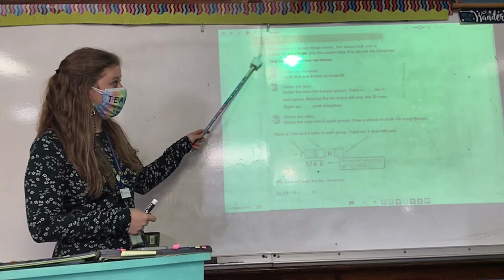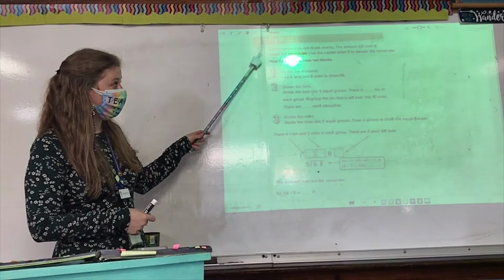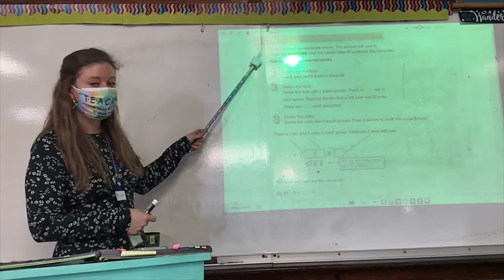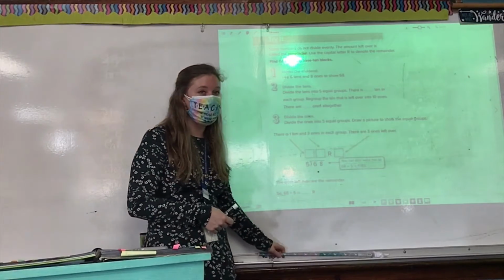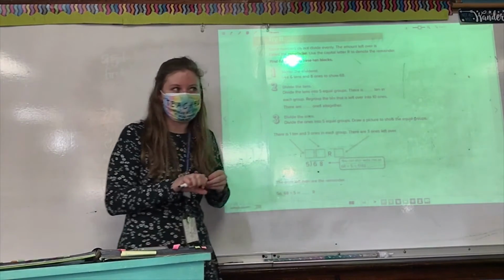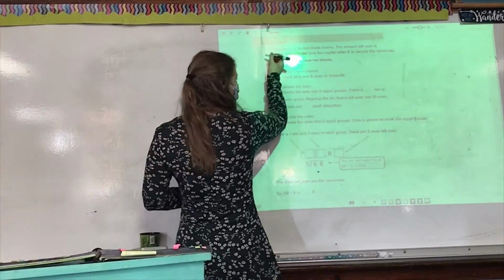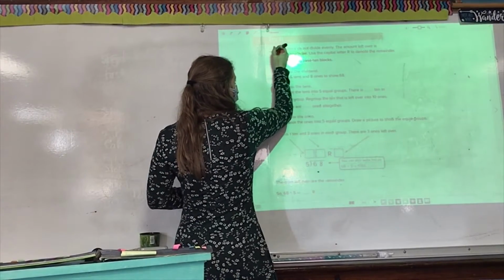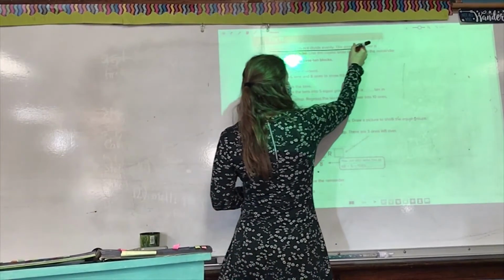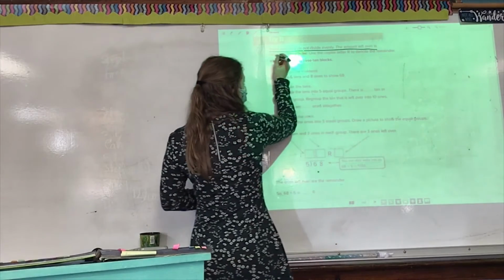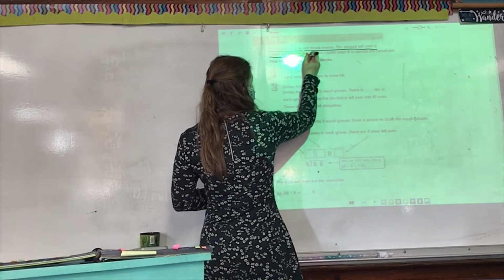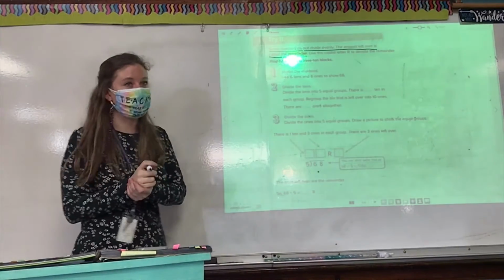Use the capital letter R to denote the remainder. Denote means to show or to indicate. So, those first two sentences. Some numbers do not divide evenly. The amount left over is called the remainder.